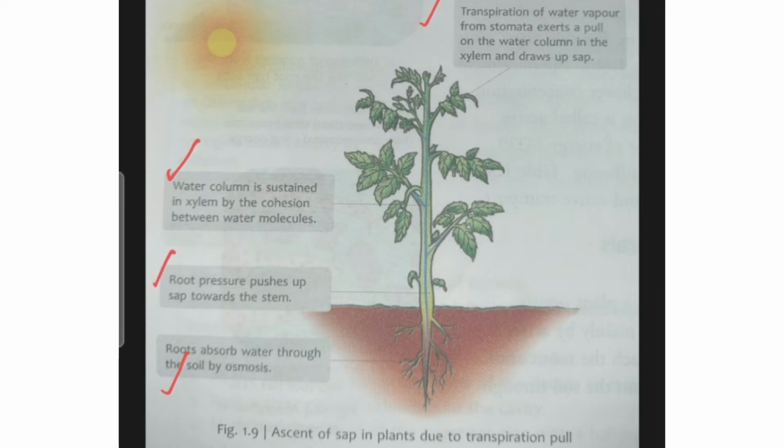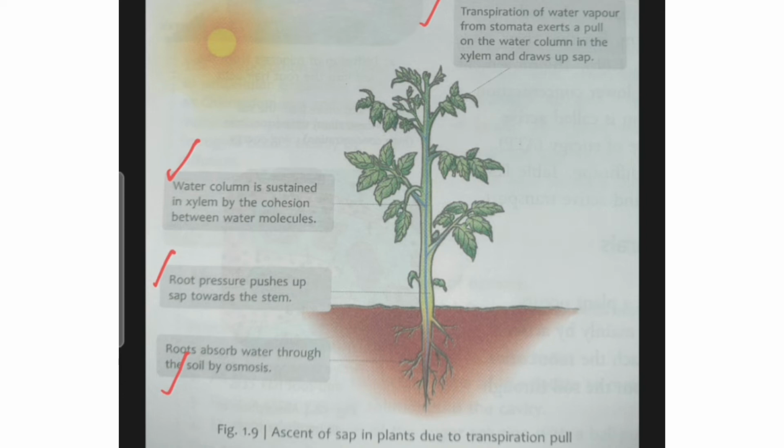Next, as mineral salts get accumulated in the xylem, the water concentration gets reduced in it, and this creates a concentration gradient that is strong enough to draw water and minerals toward the stem. The pressure developed in the roots due to the continuous inflow of water helps in pushing the plant sap upwards. It is called the root pressure.